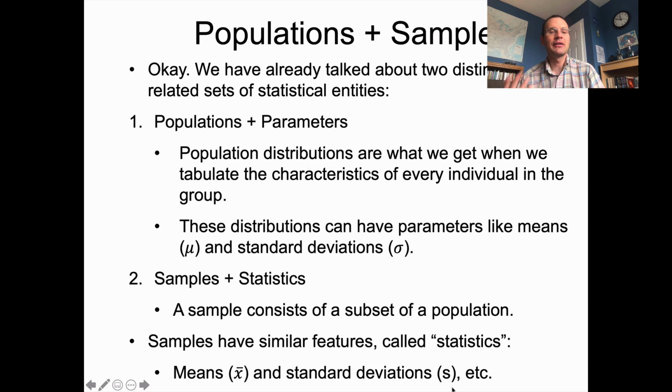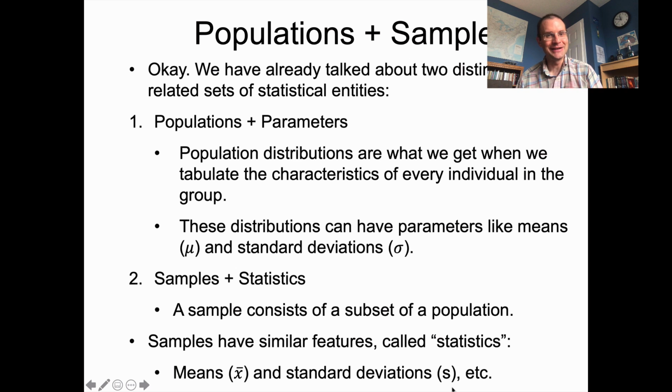And when we calculate meaningful quantitative values from a sample of a population, those features are called statistics, and they're represented with variables that are not Greek letters, they're Roman letters. So the mean in that case would be x bar, the standard deviation would be s, and so forth.